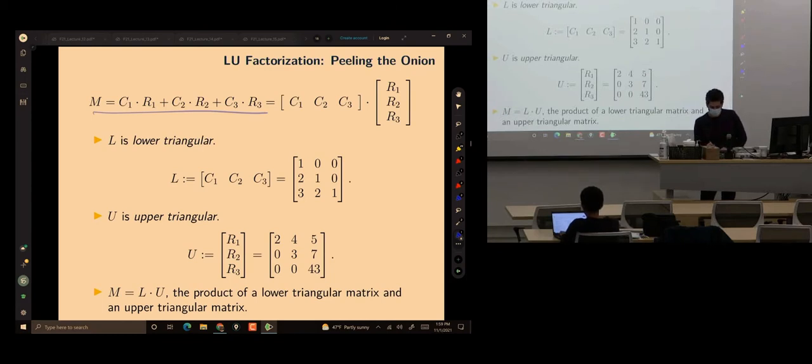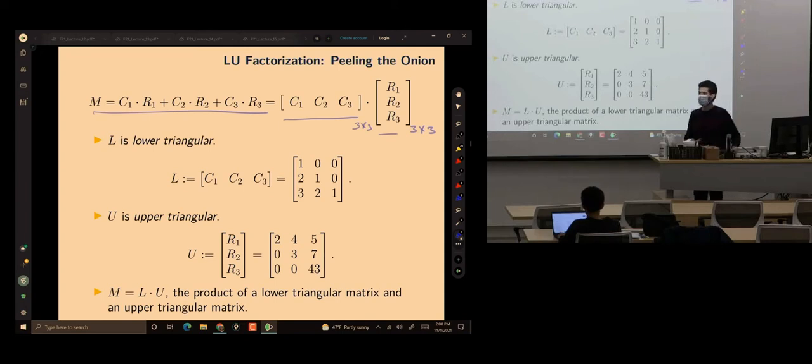You can always write this in this way, because you can stack the columns. This will be a matrix. You can also stack rows, and that will be another 3 by 3 matrix. So we recognize that the second way has this particular structure.